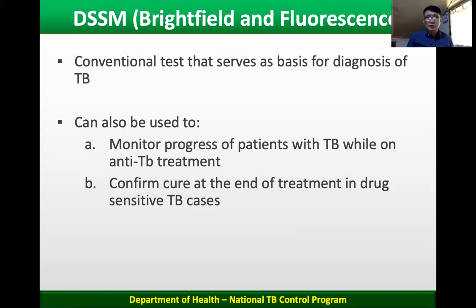DSSM also confirms cure at the end of treatment in drug-sensitive TB cases. Again, GeneXpert is only for diagnosis. For follow-up examination, we still need to use our conventional test, direct sputum smear microscopy.